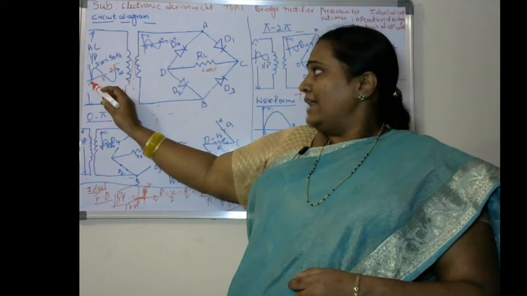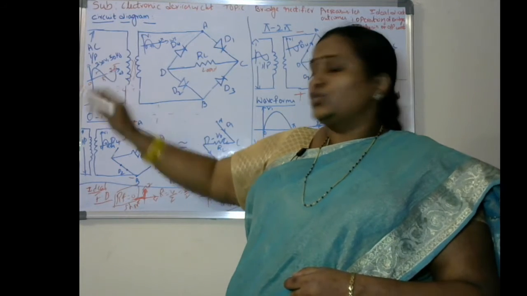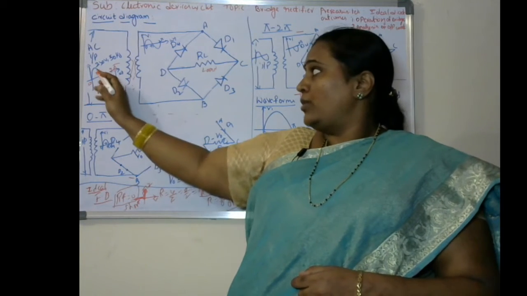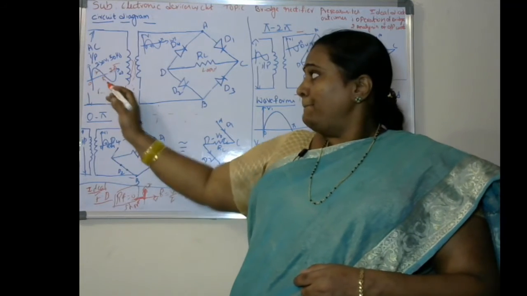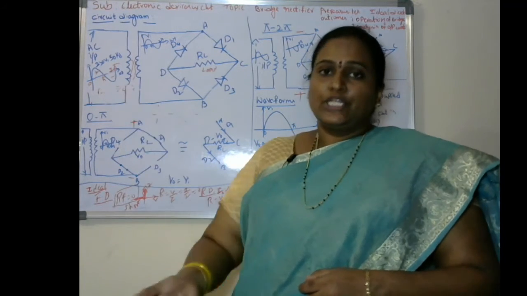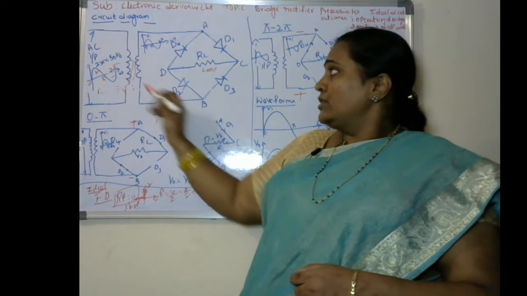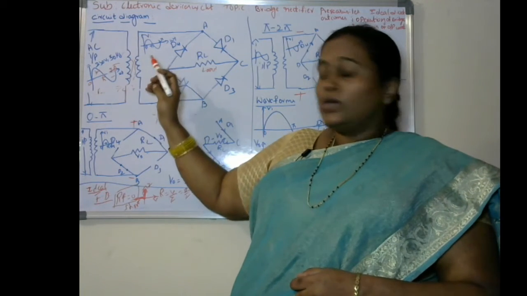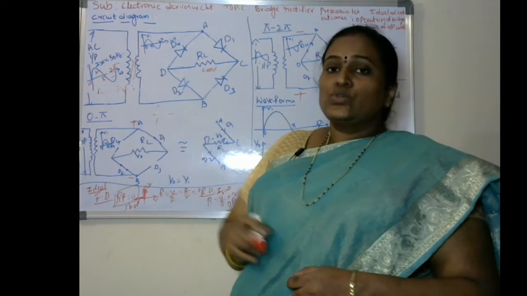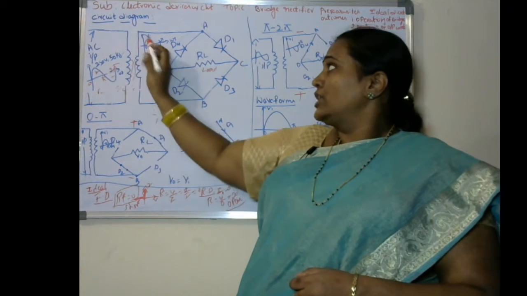From 0 to pi is the positive half cycle, having positive voltage, and from pi to 2 pi it has negative voltage. Since we are using the step down transformer, it reduces the voltage level from 230 volts to 5 volts.